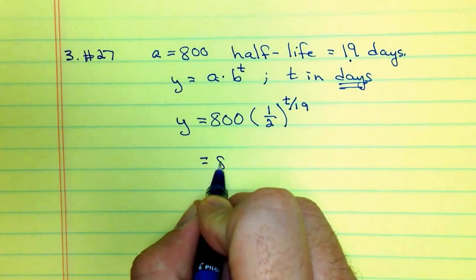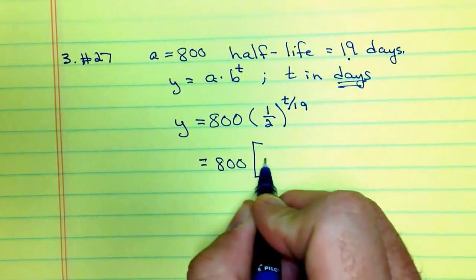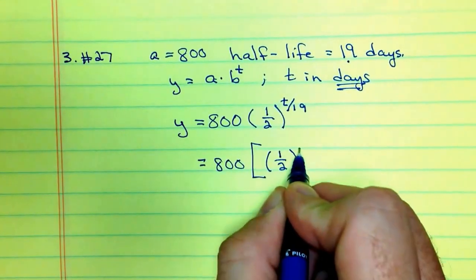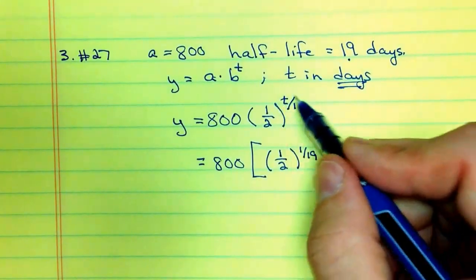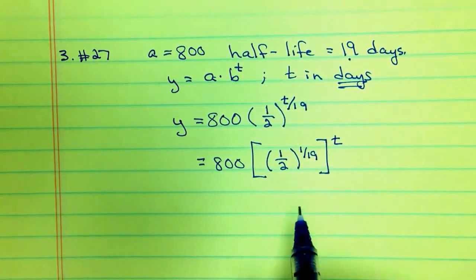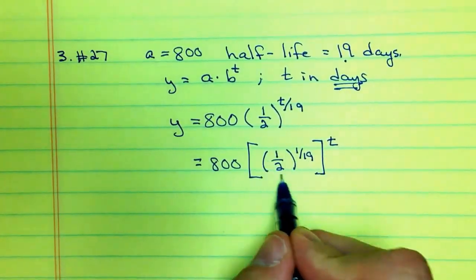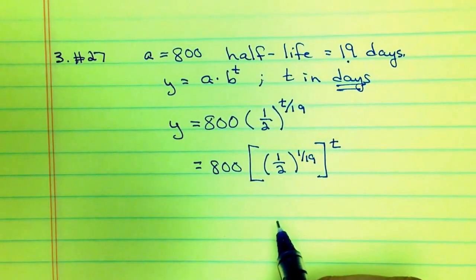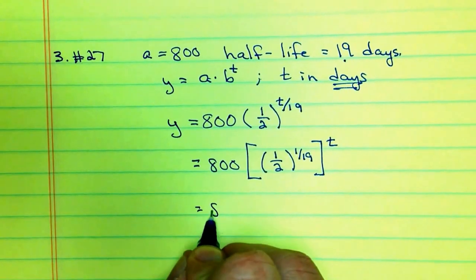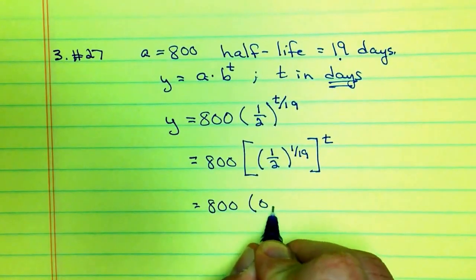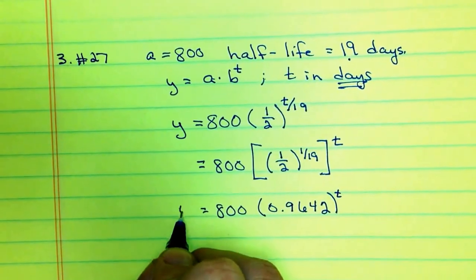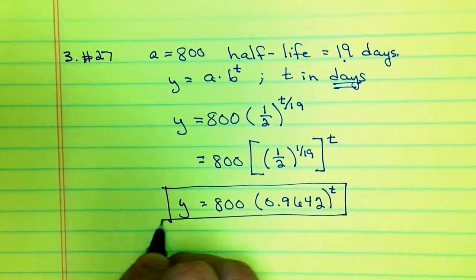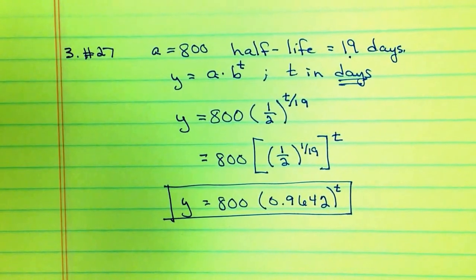So this is going to equal 800 times a half to the 1 over 19, all to the t. We're using the power to a power rule broken up. Then you plug a half to the 1 over 19 in your calculator, and you get 0.9642, all raised to the t. So there's your formula, and that's how you do that one.